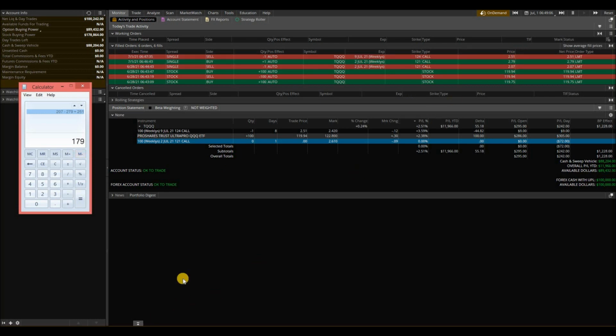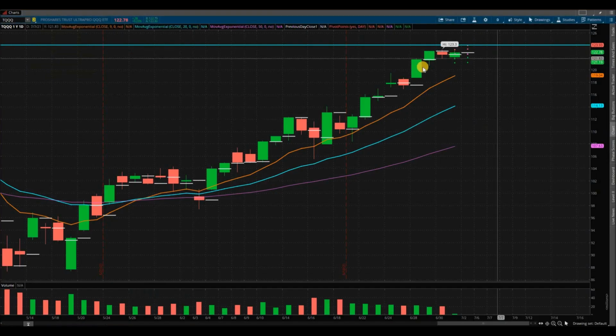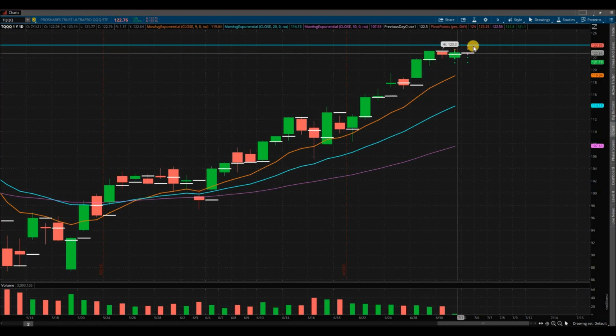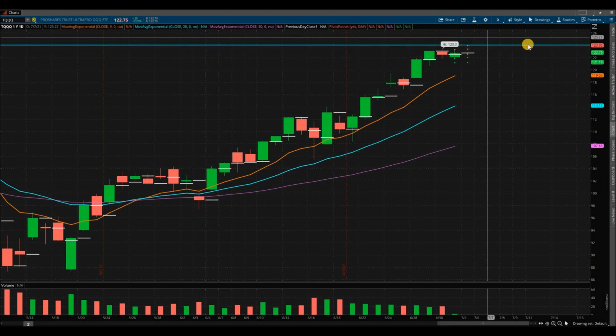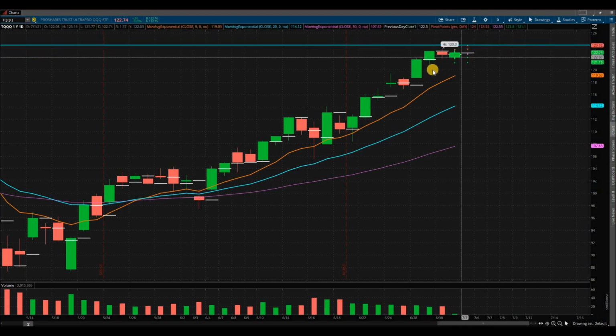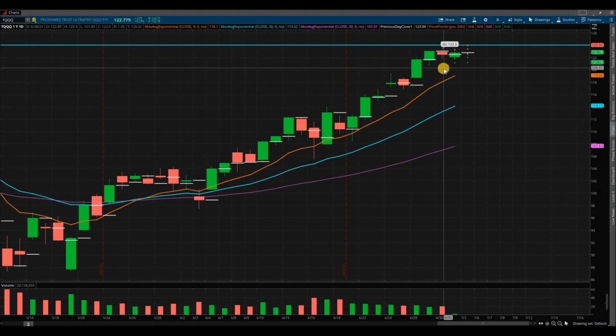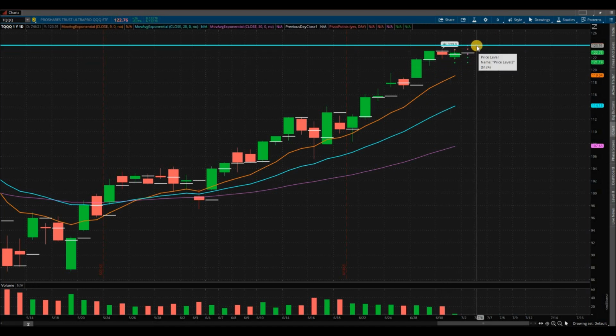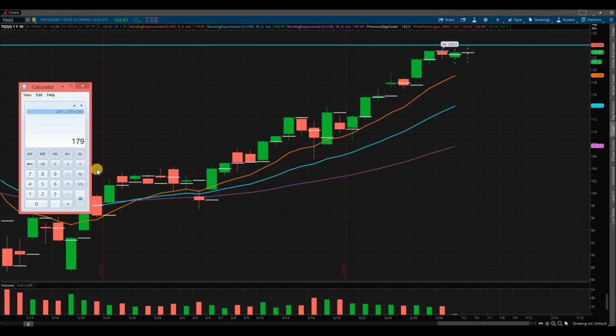But in addition to that, because I bought the stock at around $120, I now get to capture the move from 120 all the way up to 124, assuming the stock closes above that. So if the stock price does close above that at expiration, then I still get this difference as well. So $120 all the way up to 124 is $4 times 100 shares, which is $400 additional dollars.